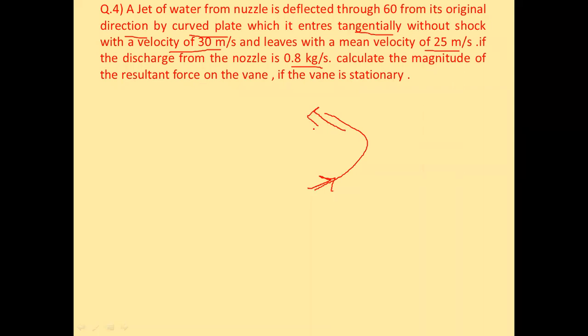Okay, so then next, discharge is given to us in kg per second. Okay, and that is nothing but mass per second. This discharge is nothing but mass per second, that is rho AV, which is directly given to us as 0.8 kg per second.